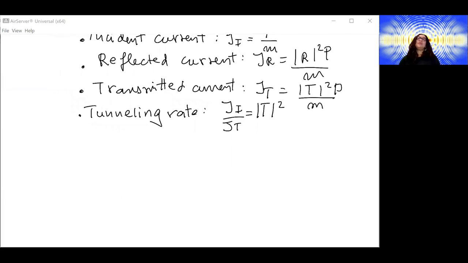Now what we would like to do is to generalize this to an arbitrary potential that is smooth enough according to the definitions that we have already seen.